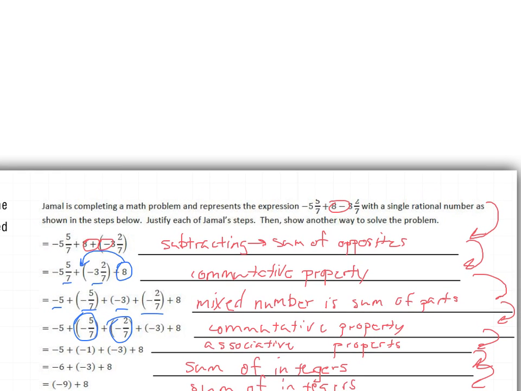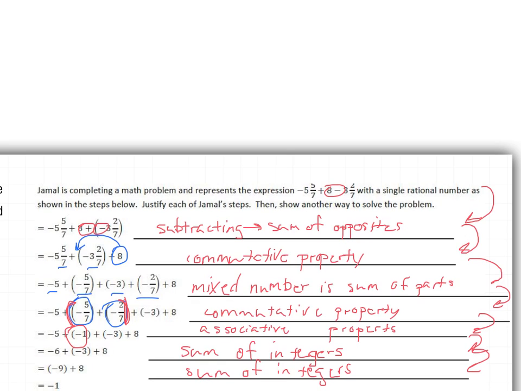Now I've used the associative property by saying, hey, I want to add these two together, even though they're not the first two on the left. And that gives me -7/7, which is equal to -1.